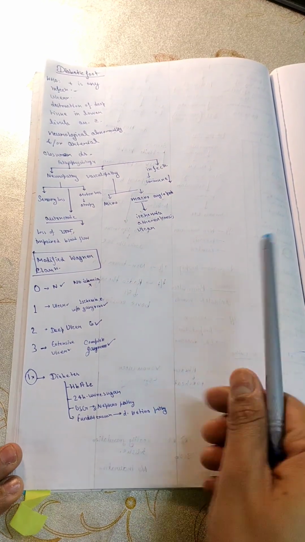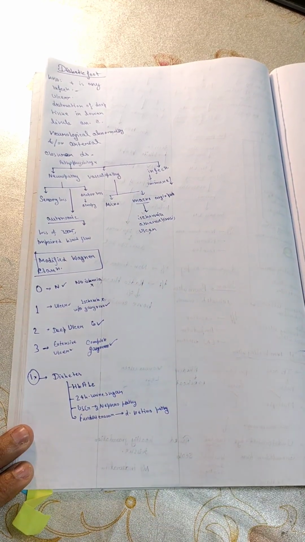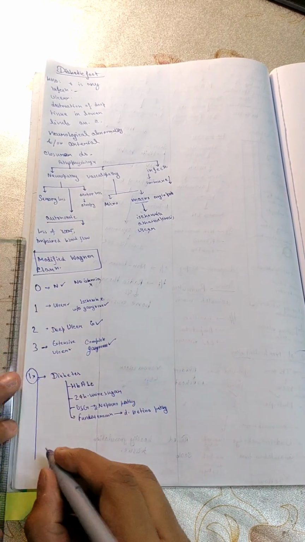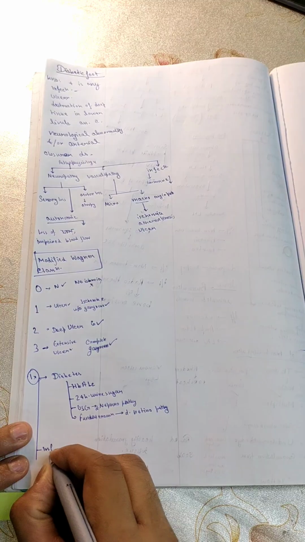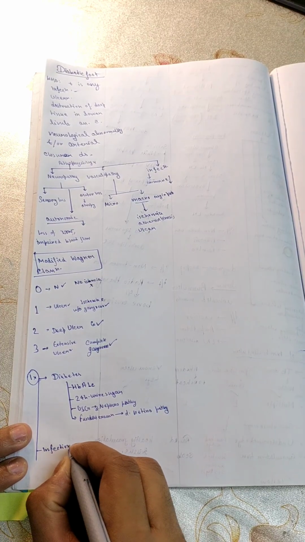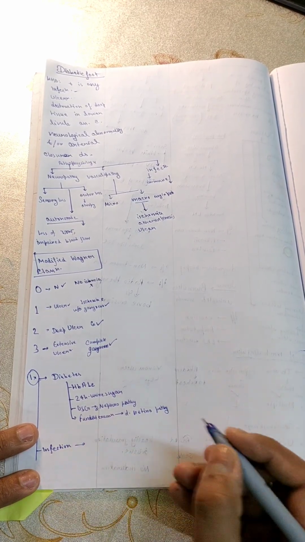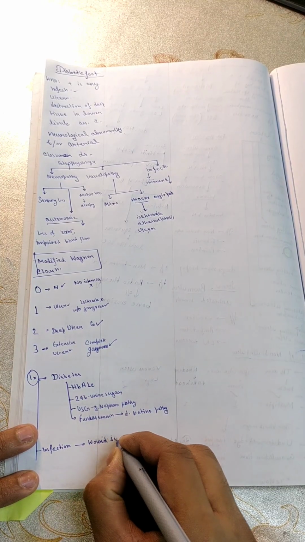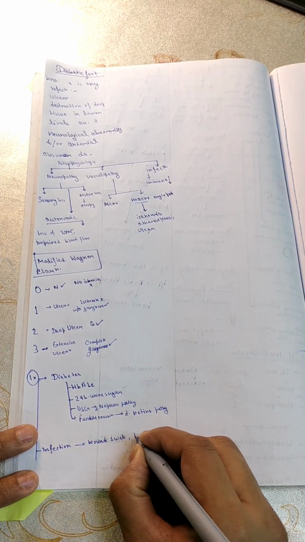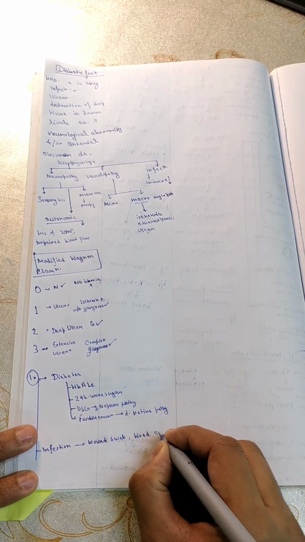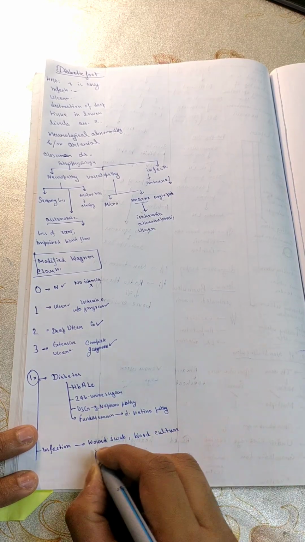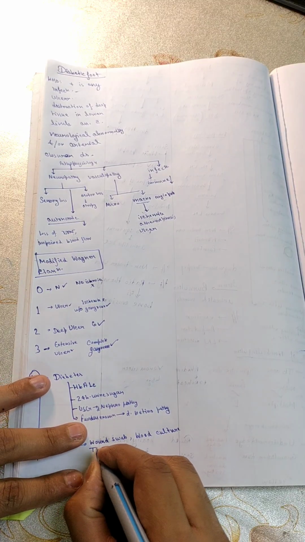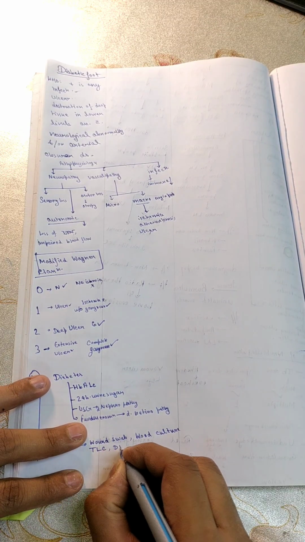Next is infection screening. What I will do for infection, I have wound swab, I have blood culture, I have leukocyte count, total leukocyte count and differential leukocyte count.